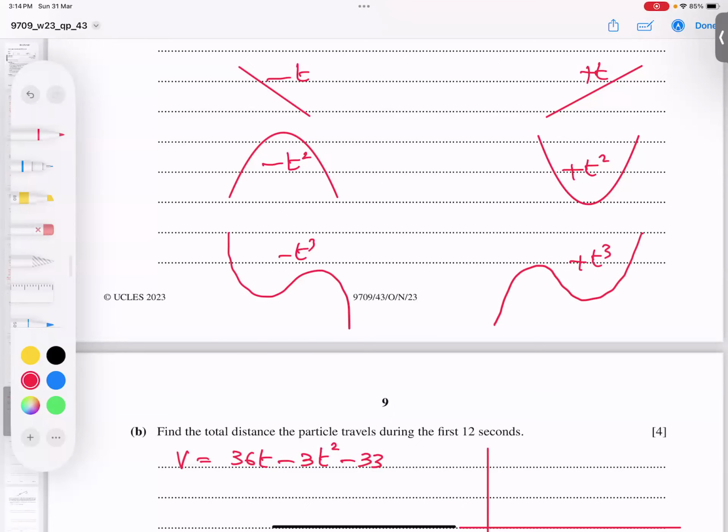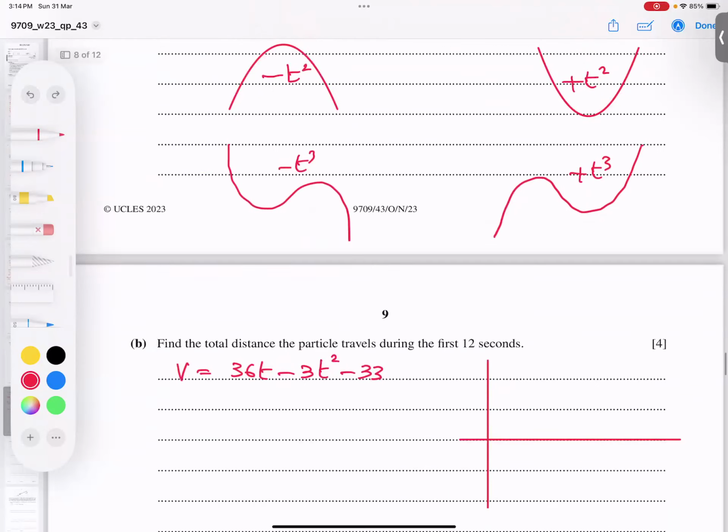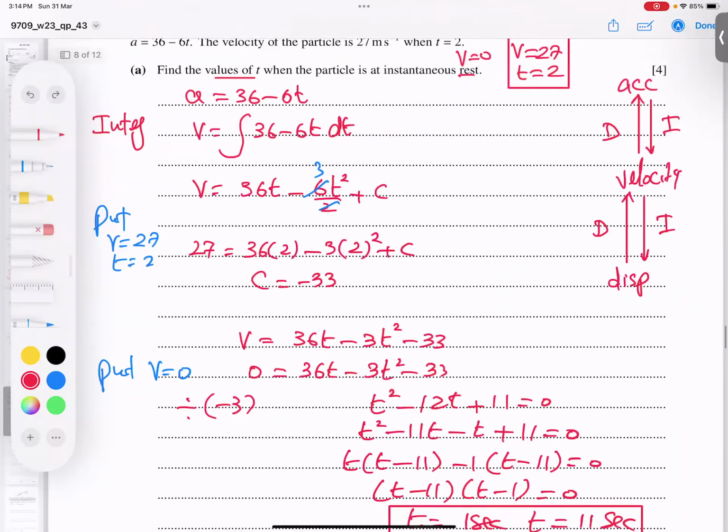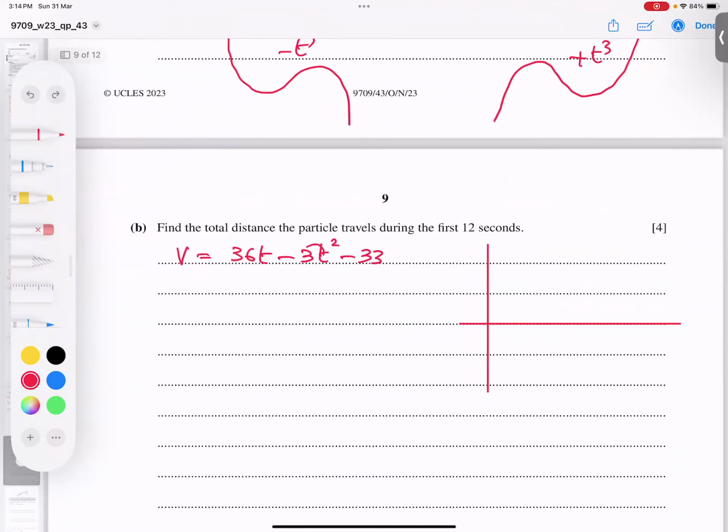Okay, this is clear. So currently we have a negative t squared, you can see the negative sign, so 100% we get this graph. And when time is zero, if you plug in time zero here, that is zero, so what answer is coming? Negative 33. There's no need to draw an accurate diagram, just for the sake of understanding, a rough idea only. That is why I'm going to make this graph.